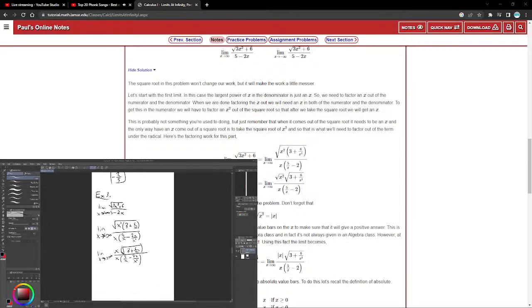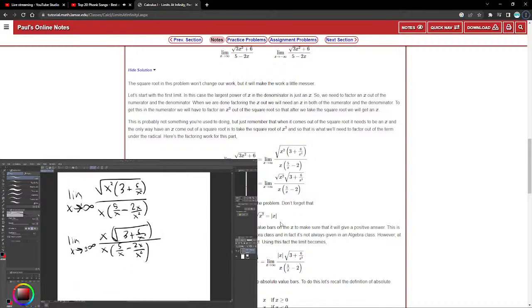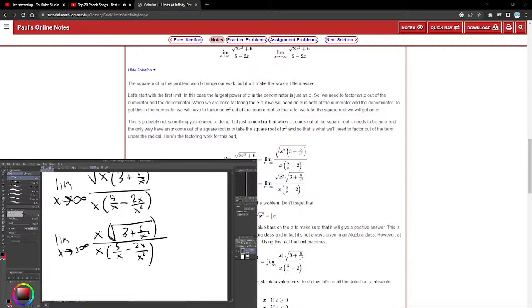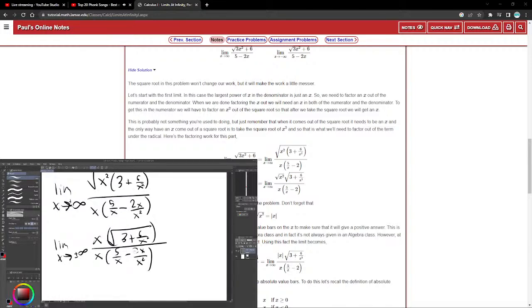What did I do before? Oh yeah, you plug it into the fraction and it approaches 0 and all that. Oh wait, this is 2x already over here. Never mind.